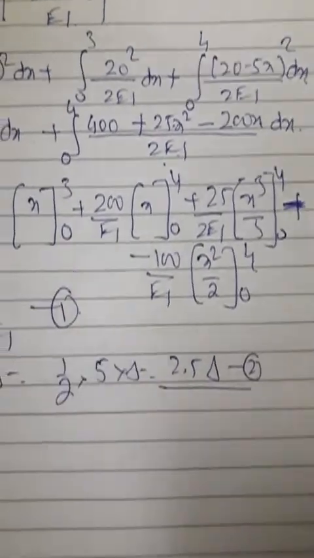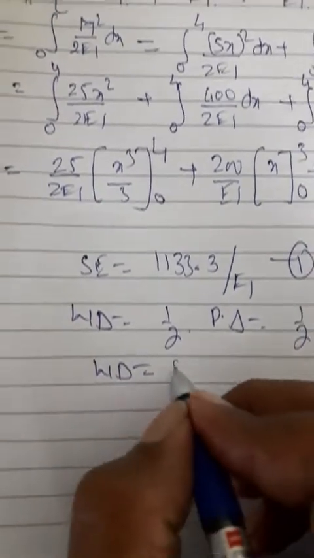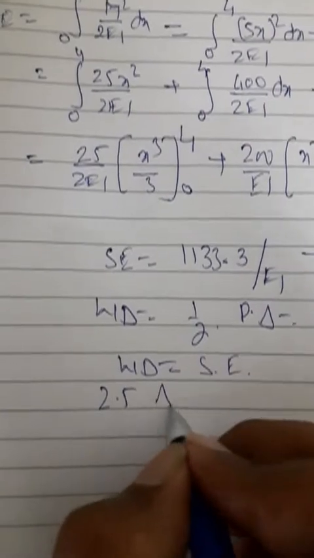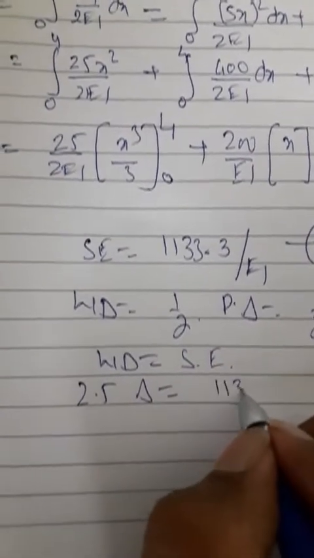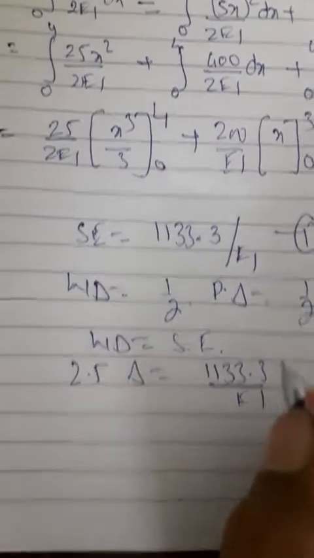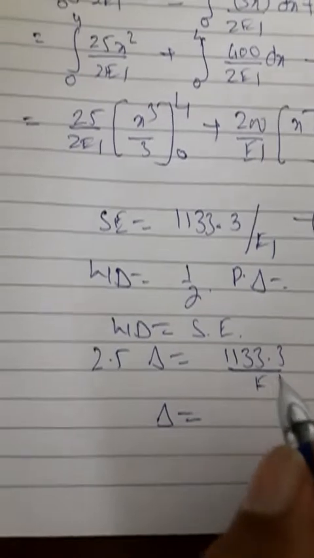Let this be equation 2. Equating work done to strain energy, 2.5 delta is equal to 1133.3 by EI.